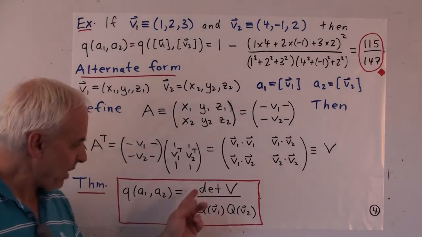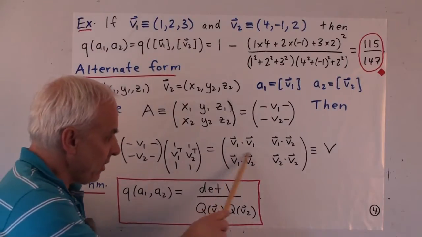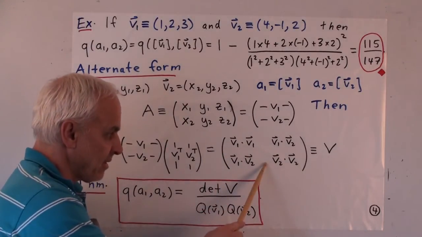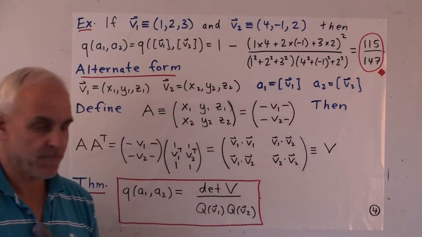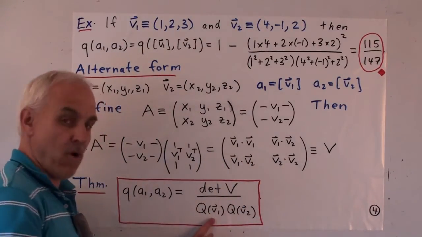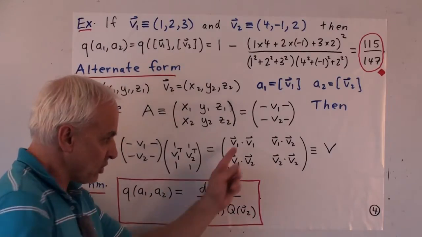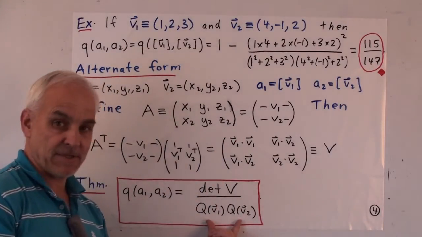Why is that? Well, what is the determinant of V? It's this times this minus this times this. Well, this is just the quadrance of V1, and this is just the quadrance of V2. So this term times this term is really just the same as that denominator.